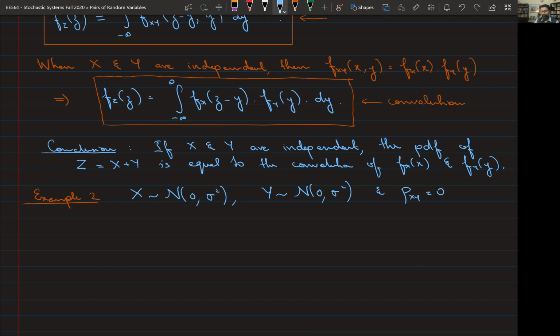Now, I'm not going to prove this here, by the way. If X and Y are independent and Gaussian, try to find the PDF of Z equals X plus Y. Okay, so this is a side note, DIY.